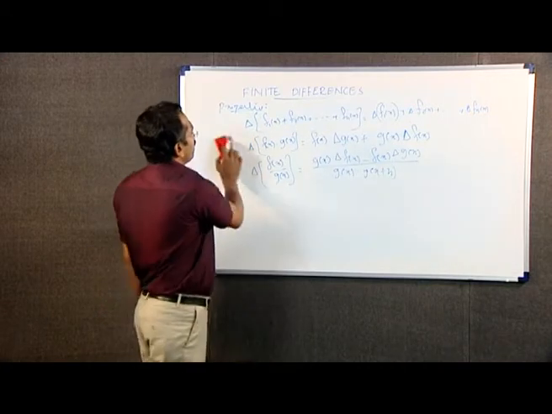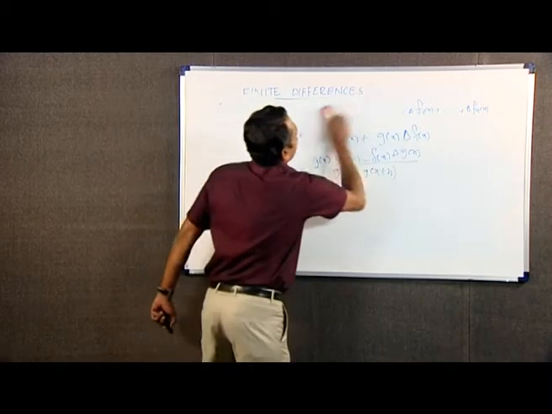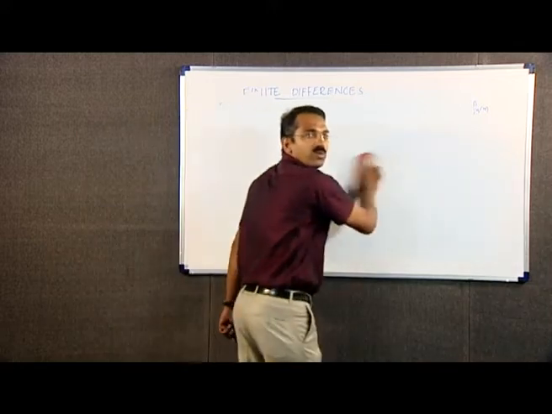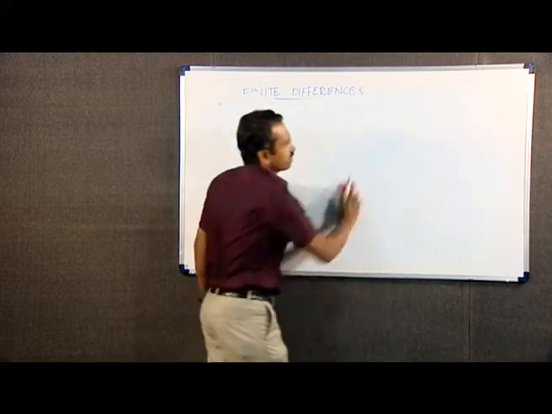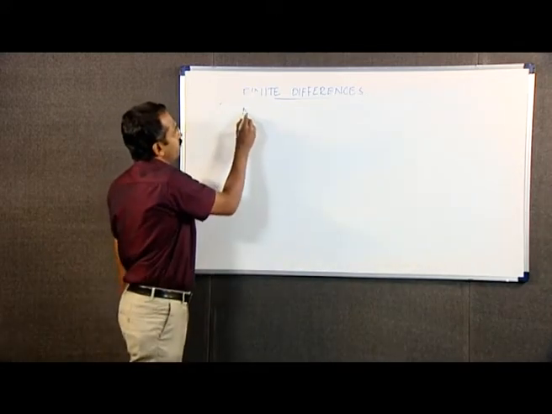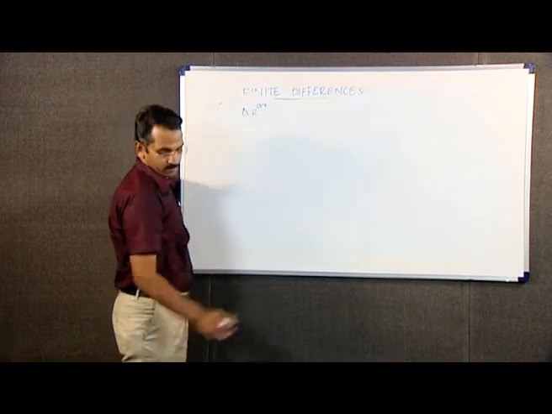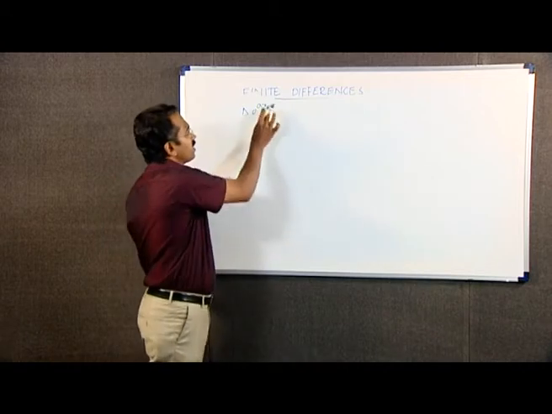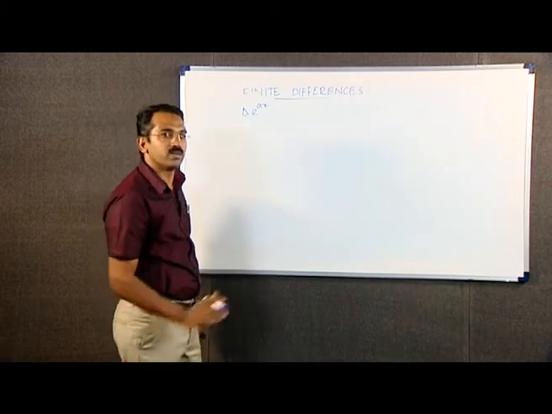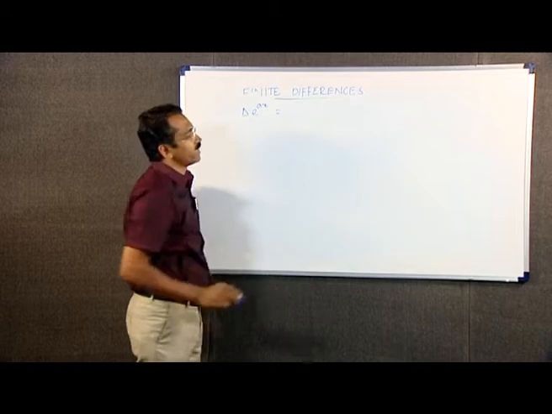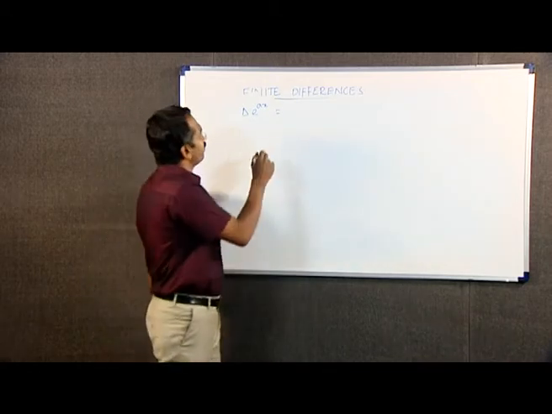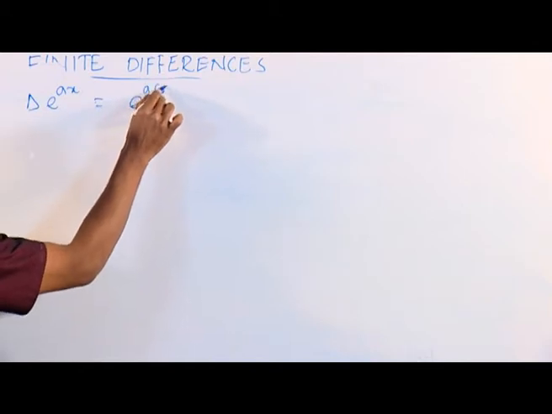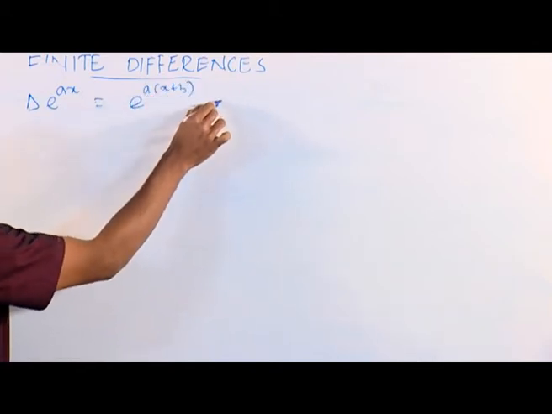Now, we have an example. Evaluate delta of e raised to ax. Here f of x is equal to e raised to ax, then by definition delta of e raised to ax is equal to f of x plus h minus f of x, that means e raised to a into x plus h minus e raised to ax.